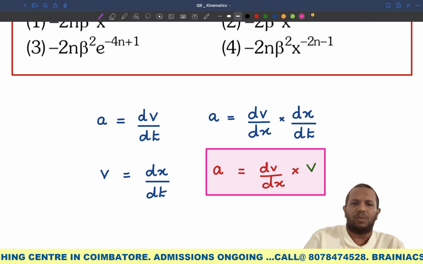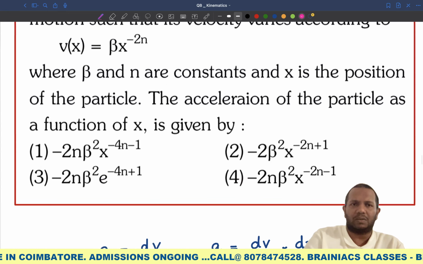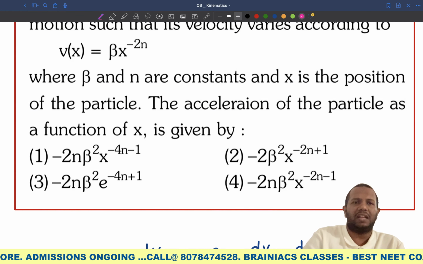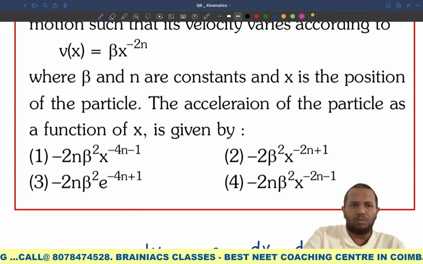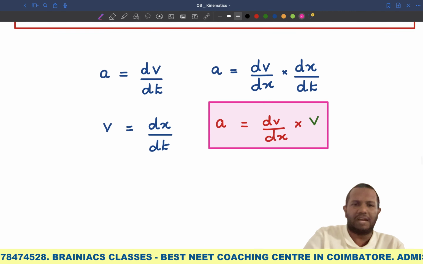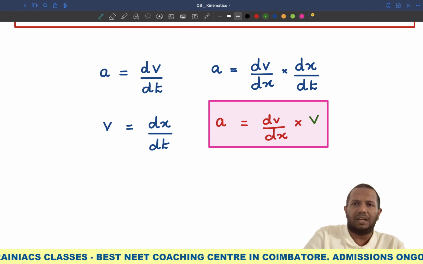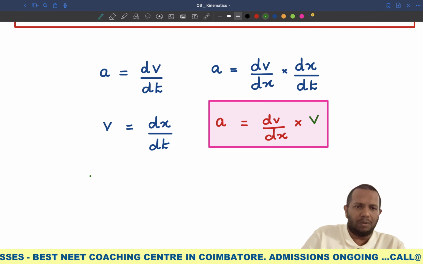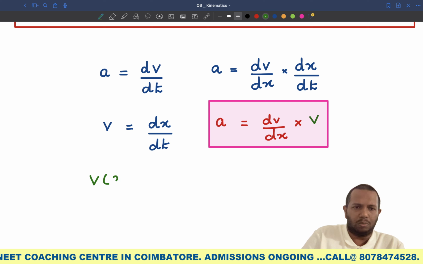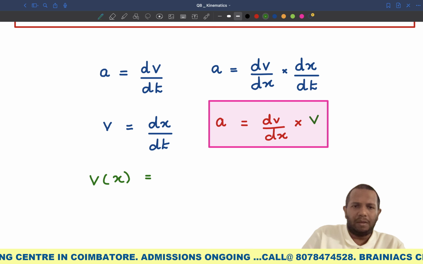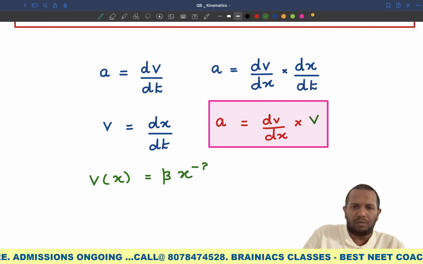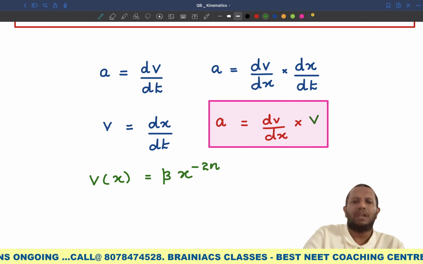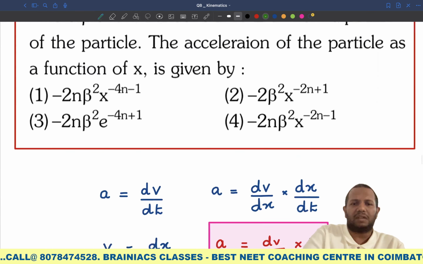So let's start with the velocity equation given in the question. v of x given in the question is v of x is equal to beta x raised to minus 2n. Let me note that down. So v of x is equal to beta into x raised to minus 2n.